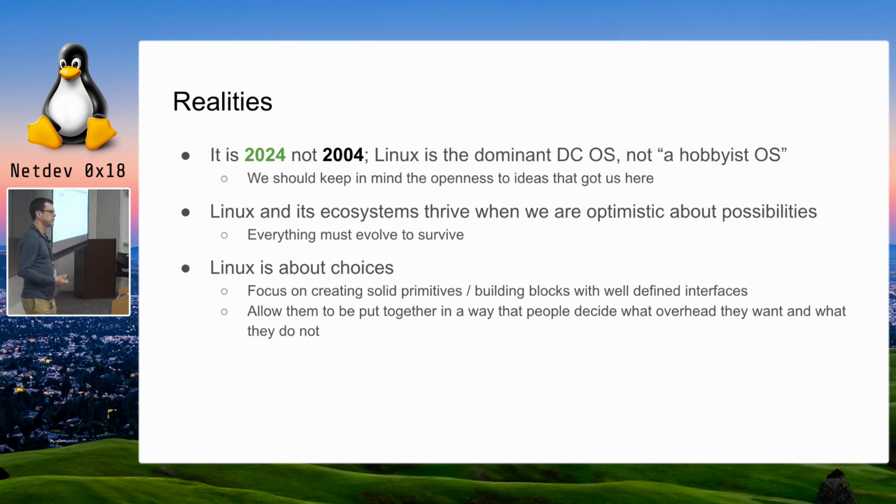People love NetFilter, people love TC, different subsystems, different choices, right? Developers should be focusing on building primitives, building blocks with well-defined APIs that allow people to assemble them in a way that they get to pick what overhead is acceptable to them and what overhead is not. So if people are okay with NetFilter overhead, go for it. We're okay with BPF, whatever it is, right? This is about choices.